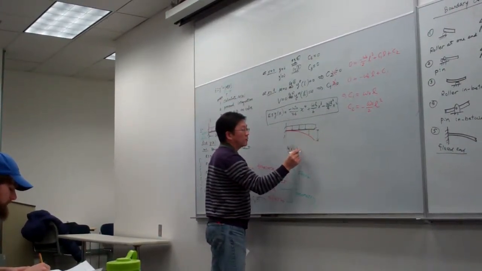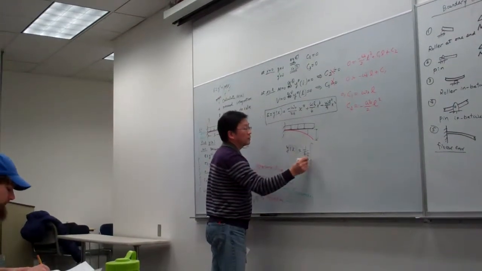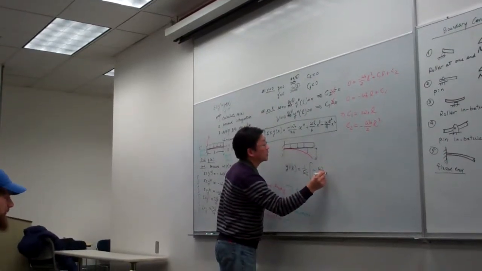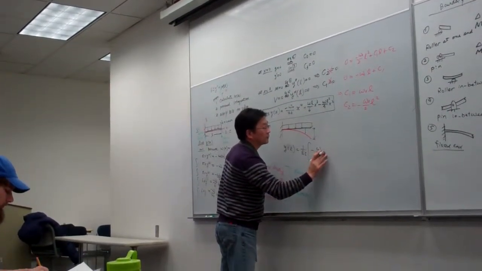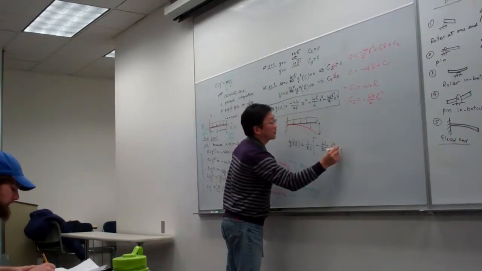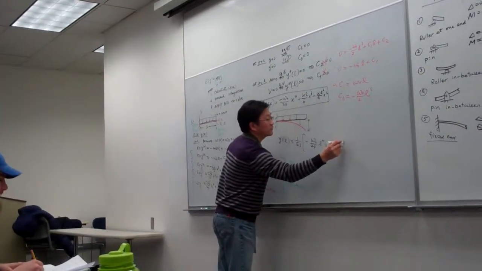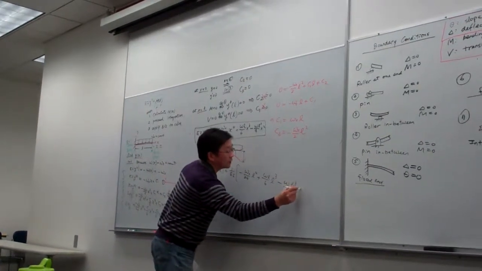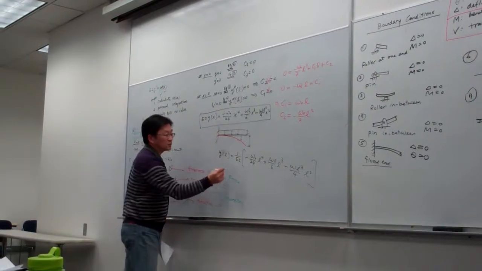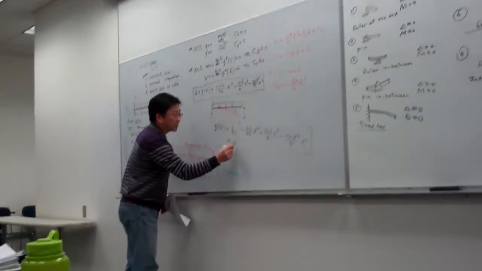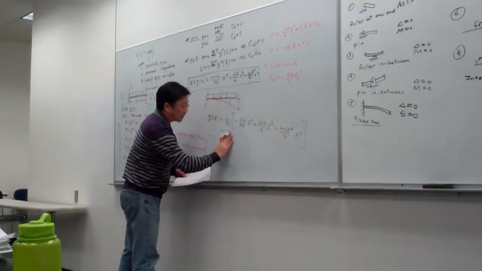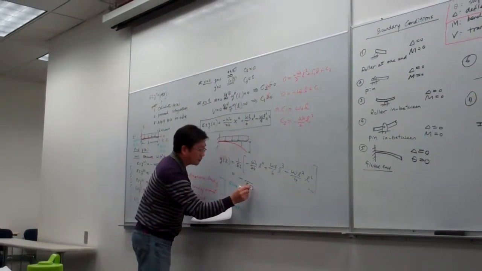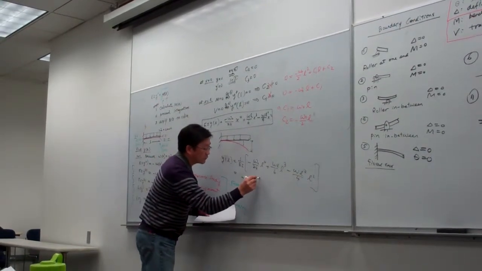Y at L will be equal to 1 over EI. We simply introduce the L into that equation, plus 6 omega L L cubed minus omega L squared times L squared. So we simply do the integration, the calculation. This one will be equal to minus omega squared L to the fourth power over 8 EI.